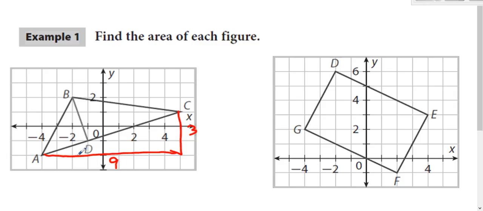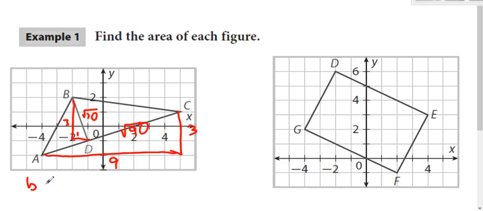So the length of AC will be 9 squared plus 3 squared. That's 81 plus 9, so that's square root of 90. Then for the length of BD, you turn that into a triangle. This side's got a length of 1, this side has a length of 3. 3 squared plus 1 squared, that's 9 plus 1. So that's square root of 10.